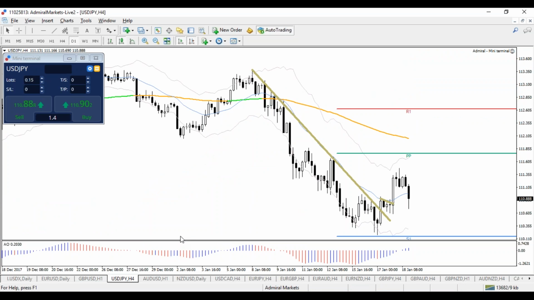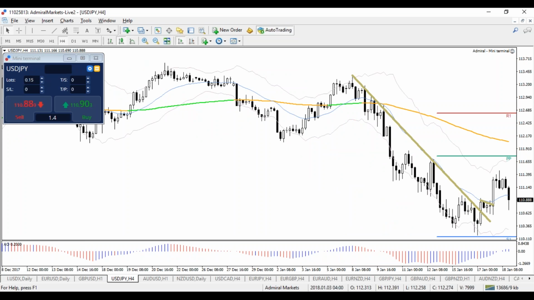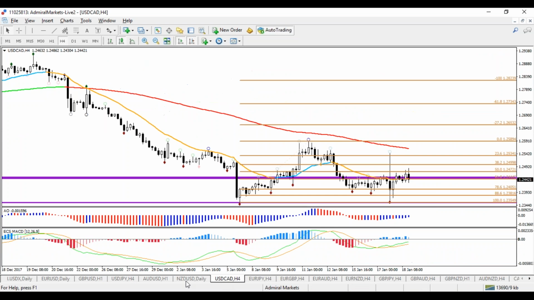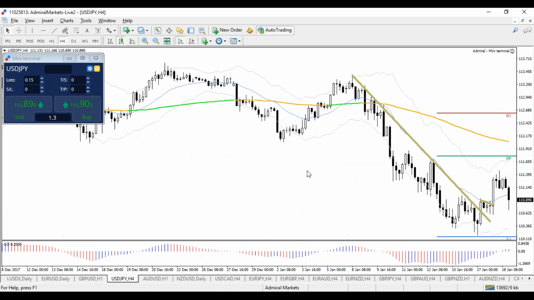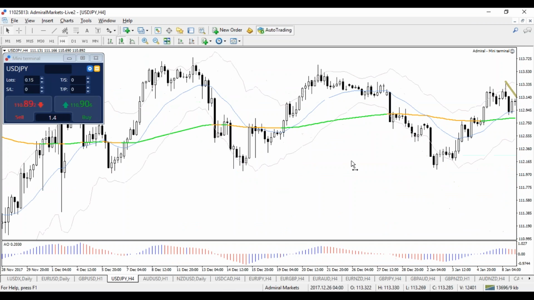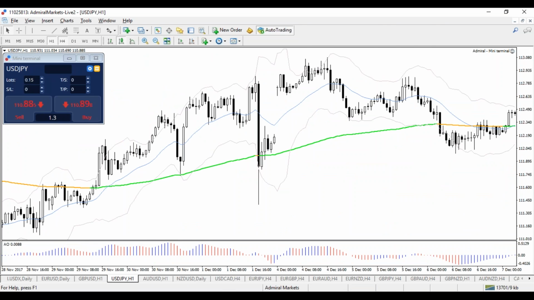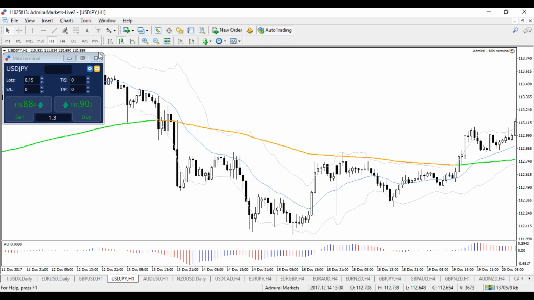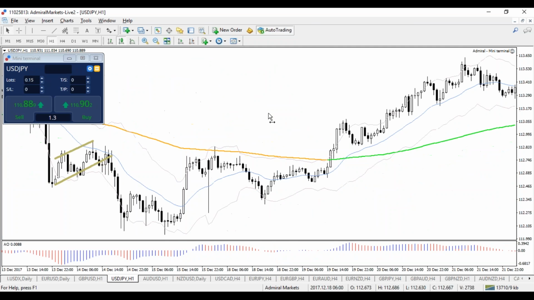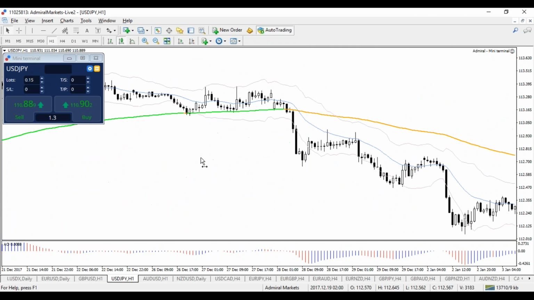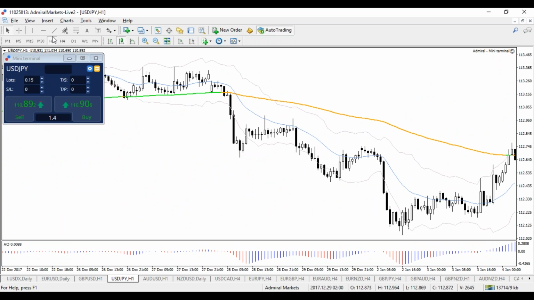Trend lines. Let me think for a second. There was some kind of pattern that I saw recently. Hang on. Maybe here. Here, right? Flag, and another flag here.